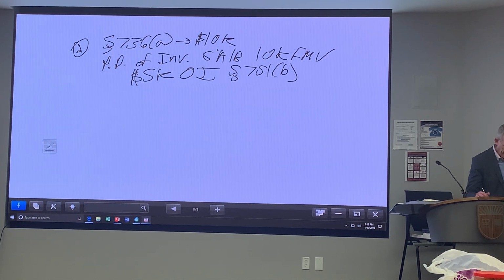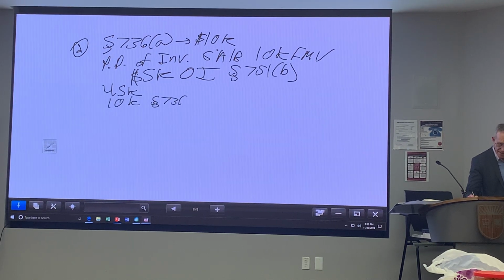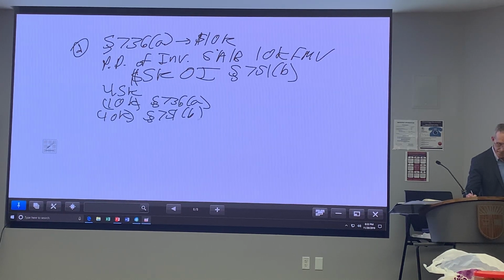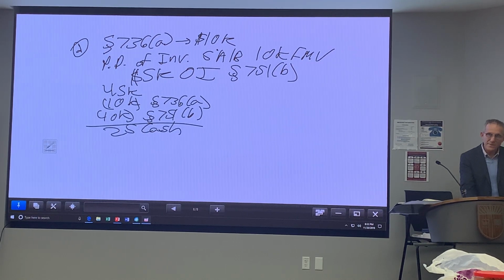It starts with 45, but it's going to have $10,000 of 736A payments and $10,000 worth of 751B payments. So how much cash is it going to receive? $25,000 of cash, just like it was in the prior problem.